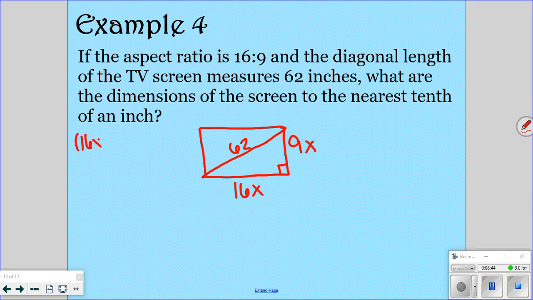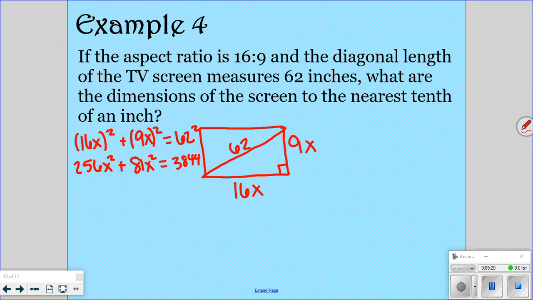So we're going to do 16x squared plus 9x squared, and then that's going to equal 62 squared. So 16 squared is going to be 256x squared, and then 9 squared is going to be 81x squared, and then 62 squared is going to be 3,844.